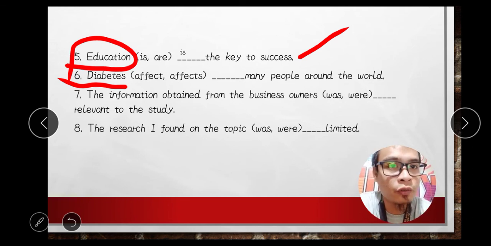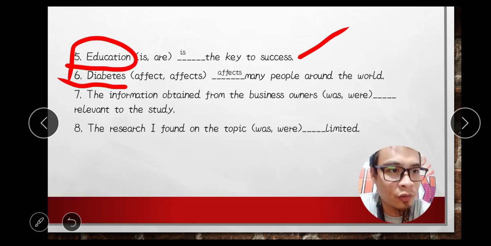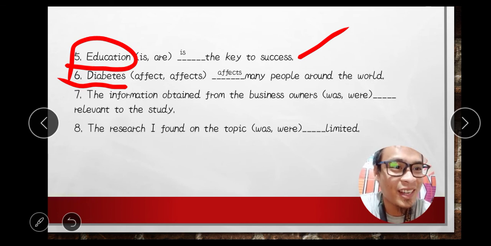So therefore our verb is also singular. Singular verb is formed by adding s or es to the base form. The base form is affect, so therefore it affects.